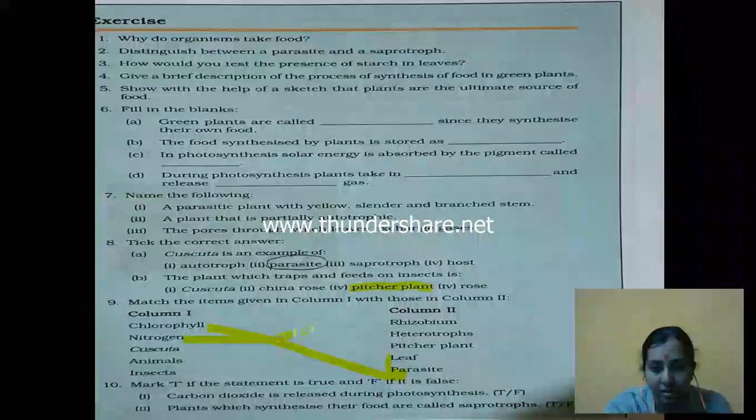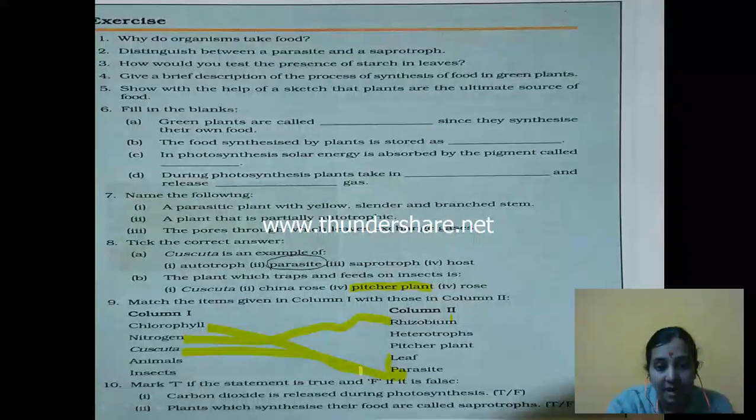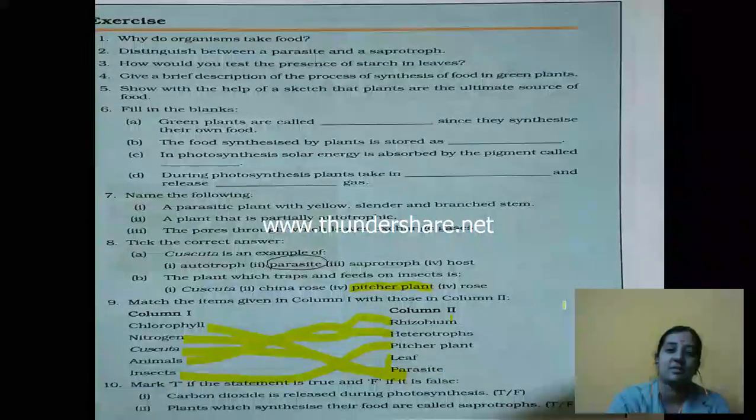Nitrogen, that means your rhizobium. Cuscuta, what is it? It is a parasite. Okay, animals are heterotrophs. Then insectivorous, that comes to your pitcher plant.